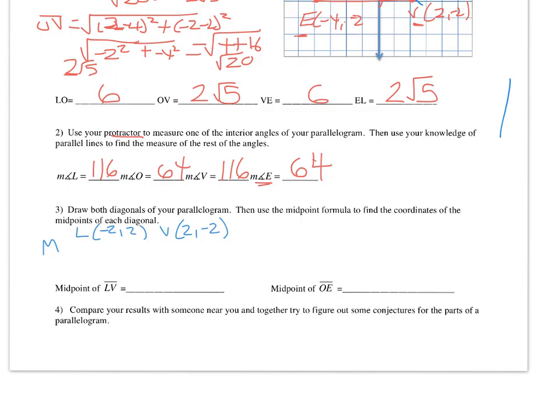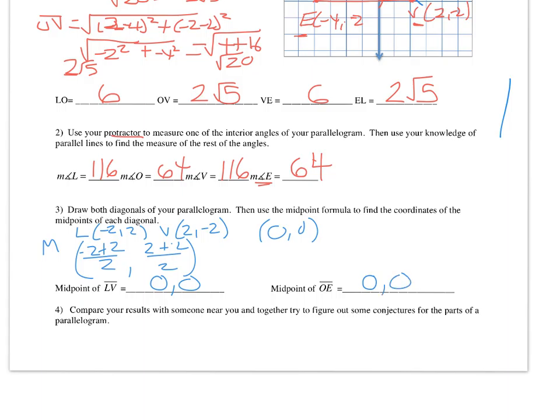So midpoint is add up the x's, negative 2 plus 2, and divide by 2. And add up the y's, 2 plus negative 2, and divide by 2. So that midpoint comes out to be 0, 0. Midpoint of LV is 0, 0. The midpoint of OE is also going to be 0, 0.